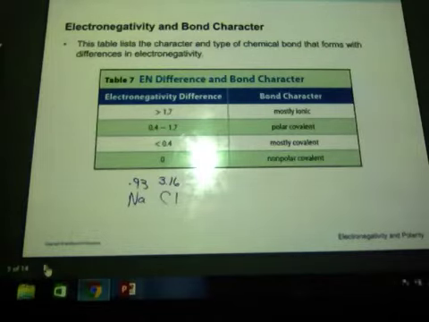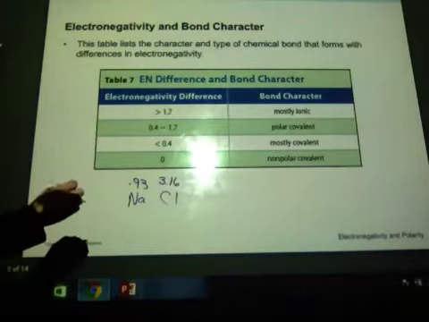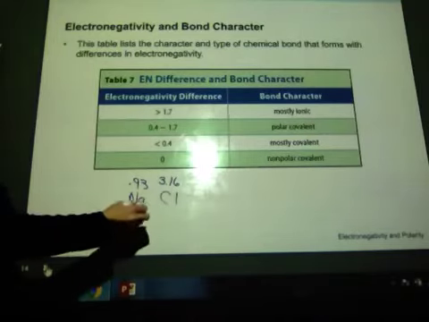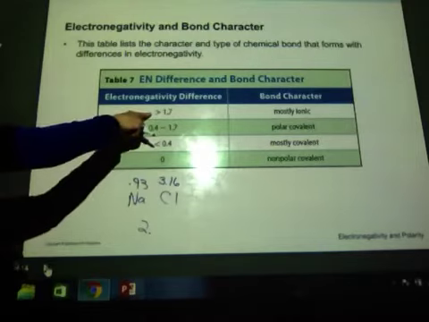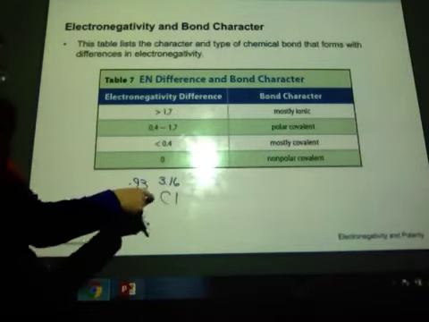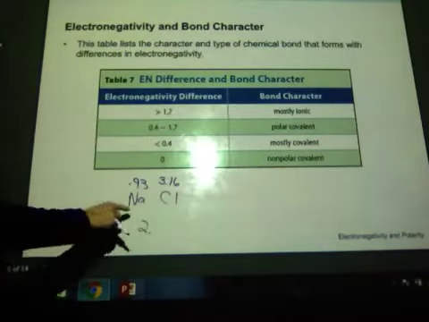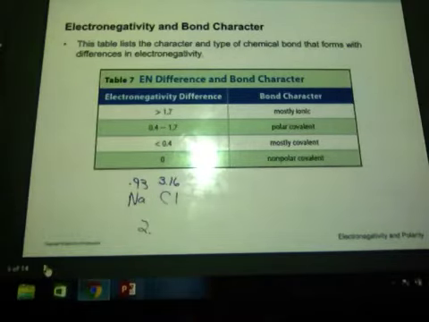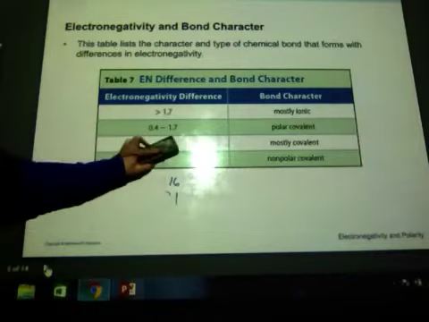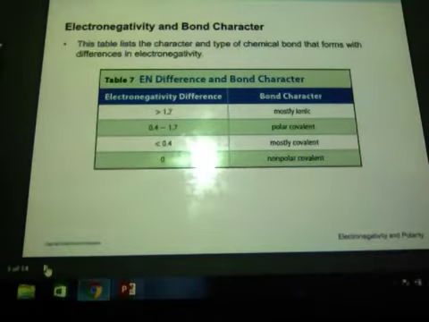That one's not as easy for me to do in my head. Okay, so I'm going to get over 2. So obviously this is an ionic bond, which makes sense. I have a metal, I have a nonmetal. It's going to be an ionic bond between those two elements.